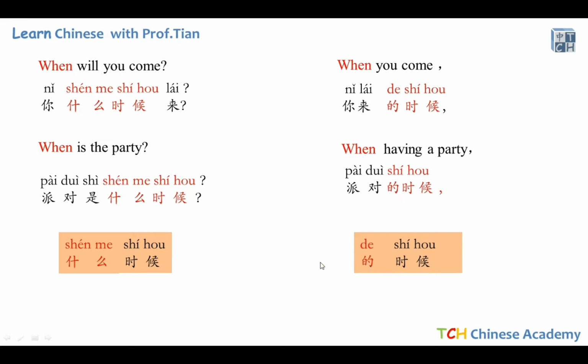So we say something something 的时候, like 你来的时候, 派对的时候. Never 的时候 something, just something something 的时候.